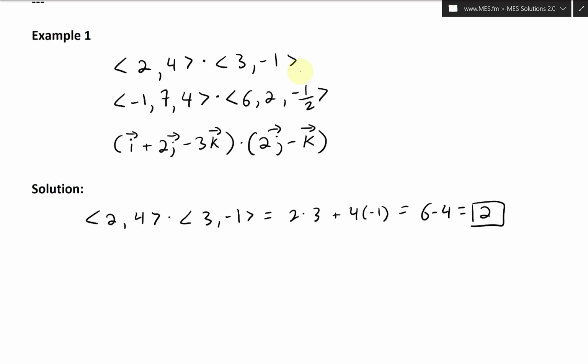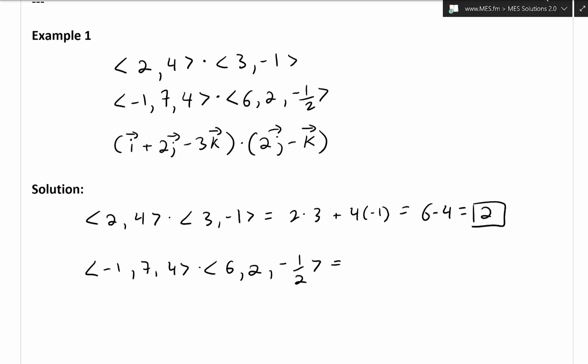All right, now the next one here, let's write that down. That is going to be -1, 7, 4, dot product with 6, 2, -1/2. These are three-dimensional vectors, so we have a three-dimensional dot product.